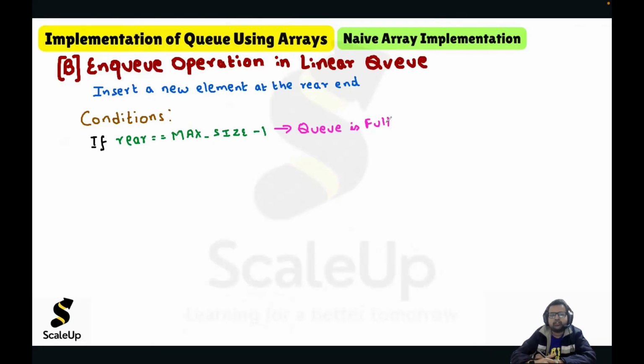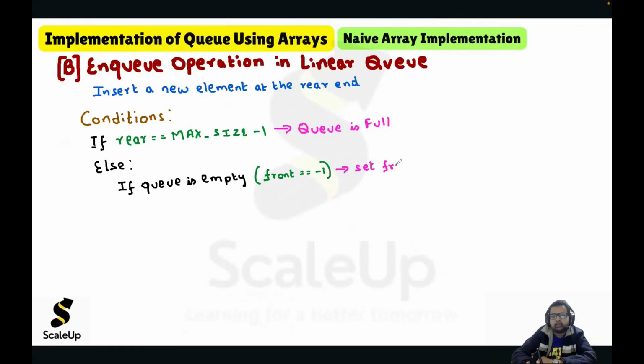The condition to check whether the queue is full is rear equal to max size minus 1. Else, if the queue is empty, that is front equal to minus 1, front equal to minus 1 means the queue is empty, then we'll set front to be 0.